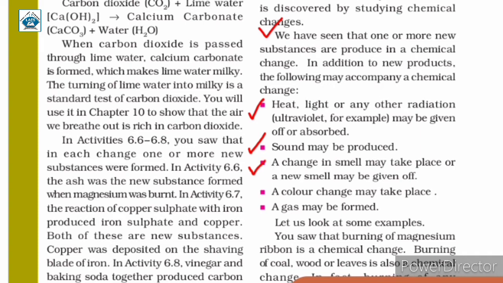There may be a change in smell of substance or a new smell will be produced out of the reaction. Color change may take place just like there was change in color in the lime water when carbon dioxide was passed through it. During a chemical reaction, a gas may be formed just like carbon dioxide gas was formed when vinegar was mixed with baking soda.